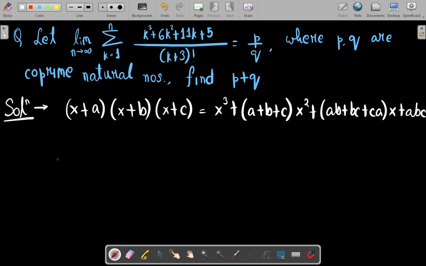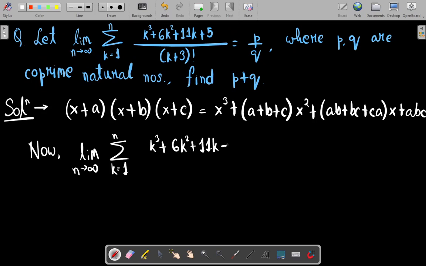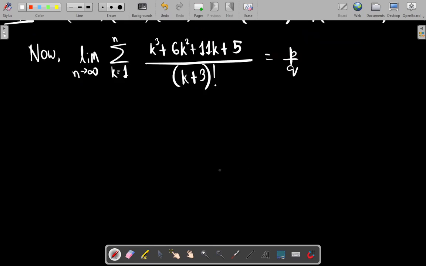Okay, so we are given that the limit as n goes to infinity of the sum, k goes from 1 to n, of (k cube plus 6k square plus 11k plus 5) whole thing upon (k plus 3) factorial is equal to p upon q, right?